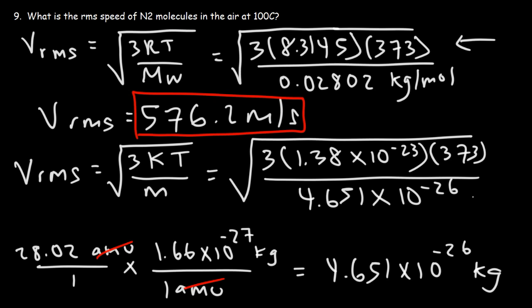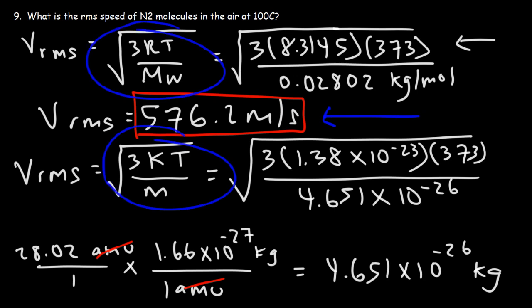So go ahead and type that in. This will give you the same answer of 576.2 meters per second. So you can use either one of these two formulas in order to calculate the RMS speed of a gas molecule.